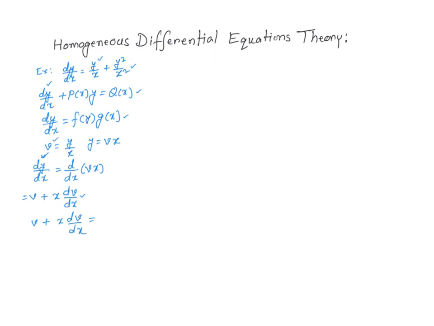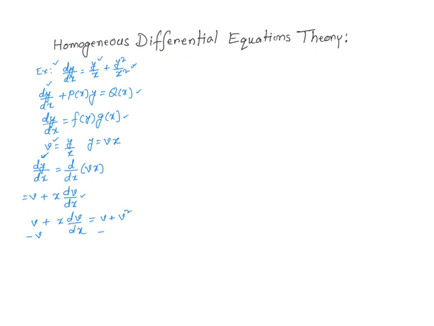So y over x is just v, and y square over x square is just v square. Now you can probably see that by making a substitution, I have converted this differential equation into a separable equation. Let me show it to you.